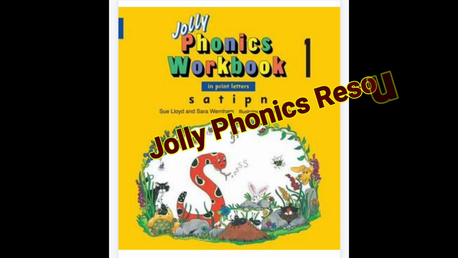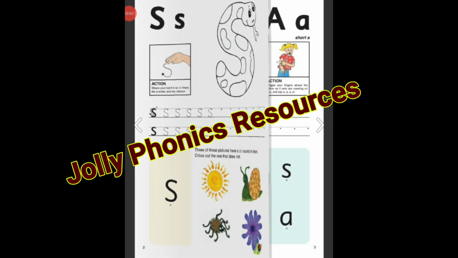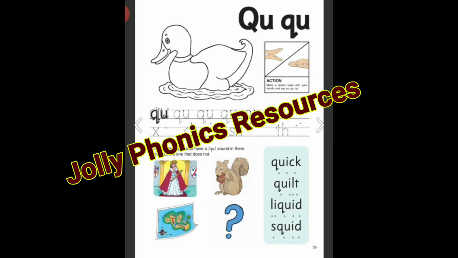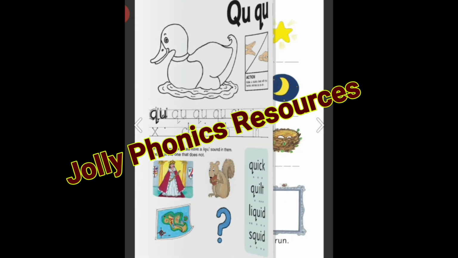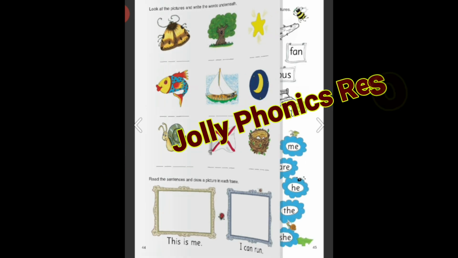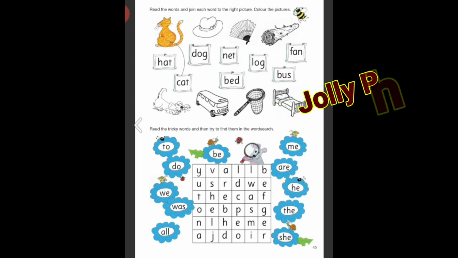Both of these books are more or less similar, but workbooks are categorized as per the group level sounds, while the Phonics Pupil Book has all the 42 letter sounds. It also has activities on letter formation, ending sound, beginning sound, picture and word match, crosswords, and a lot of fun activities for children to practice their letter sounds.